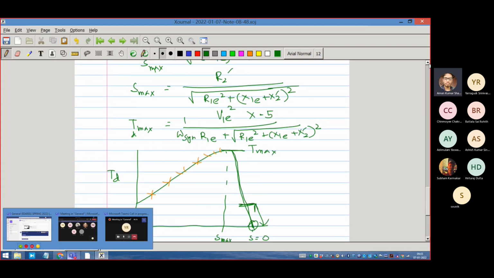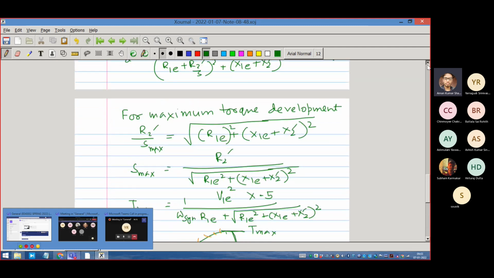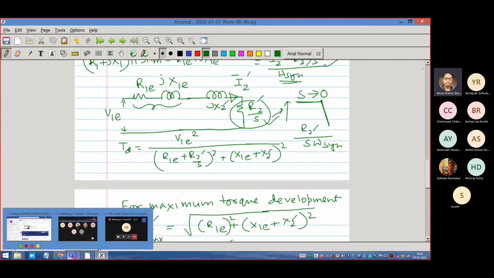Sir, there is one more part, R1E plus R2 dash by S. No, this part is the load. I want to know how maximum power is coming to this load. It will come when this impedance is equal to the impedance of this part, the remaining part. Then R2 dash by S again doesn't come.